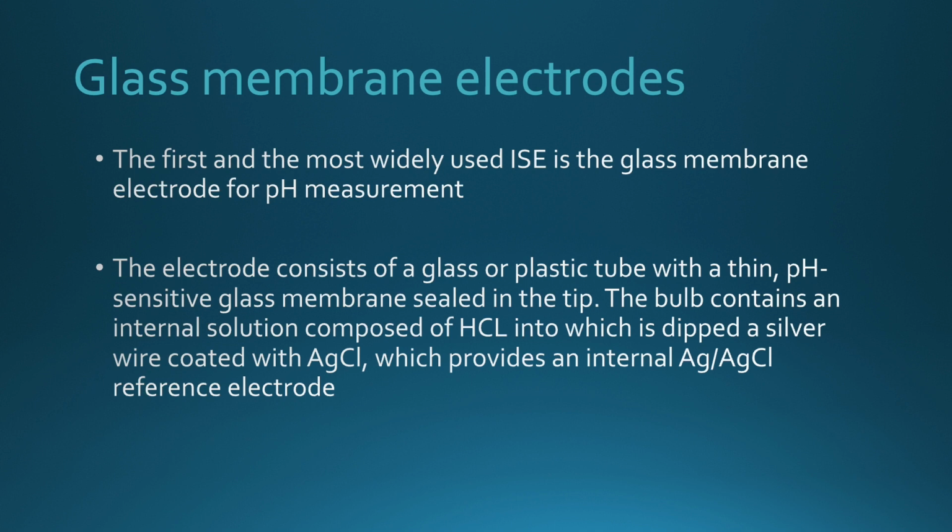The electrode consists of a glass or plastic tube with a thin pH sensitive glass membrane sealed in a tip. The bulb contains an internal solution. The internal reference solution is basically HCl, into which a silver wire coated with silver chloride provides the internal reference standard for the pH measurement.